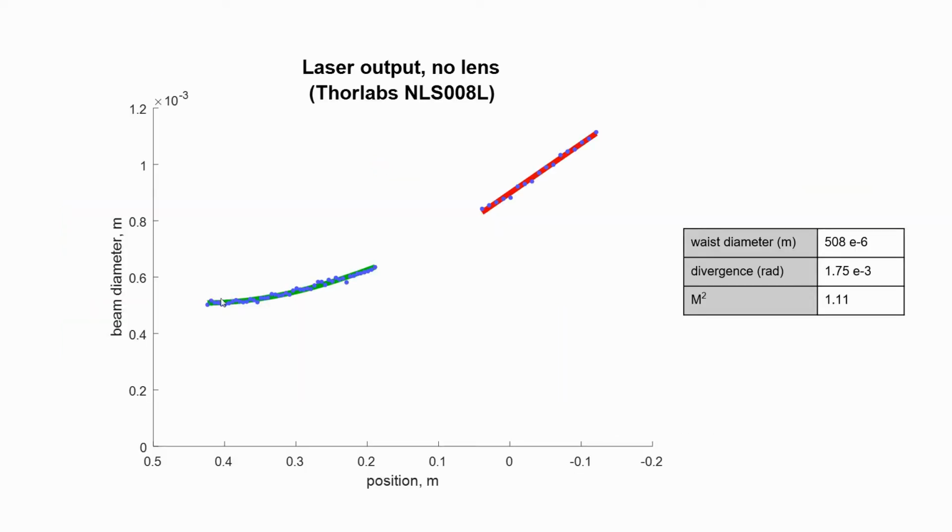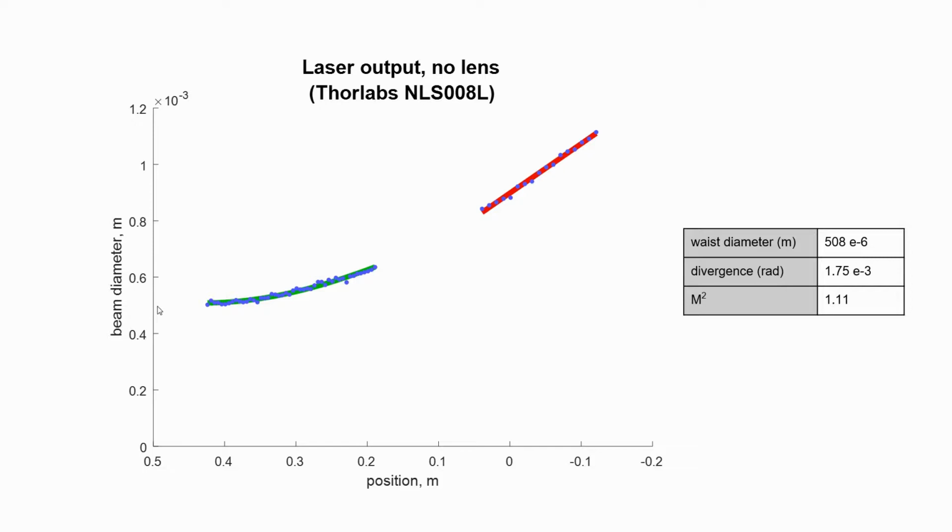So let's take a look now at the output of the laser that I've got. As I mentioned before, this is not a symmetric Gaussian beam. Rather, the waist is basically the output of the laser. So it has a waist right at the face of the cavity, and it's pretty wide.